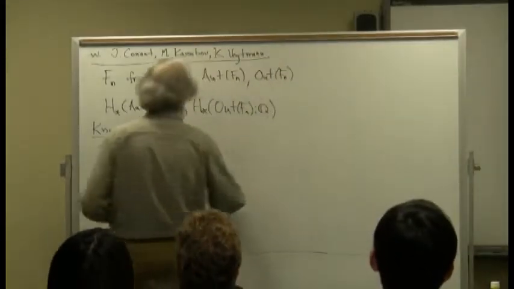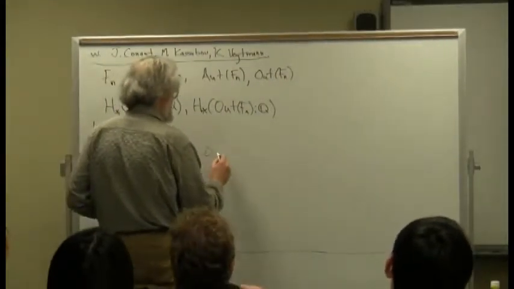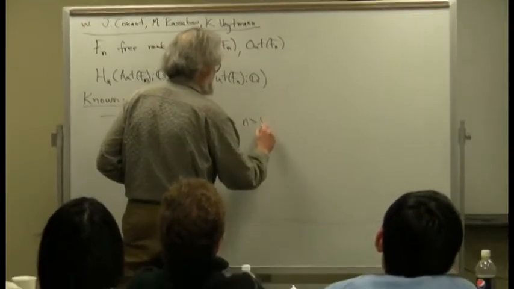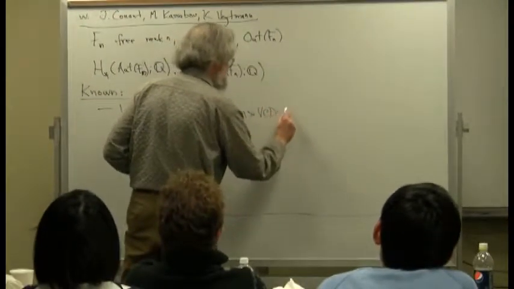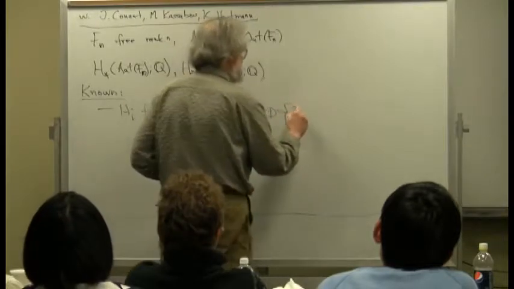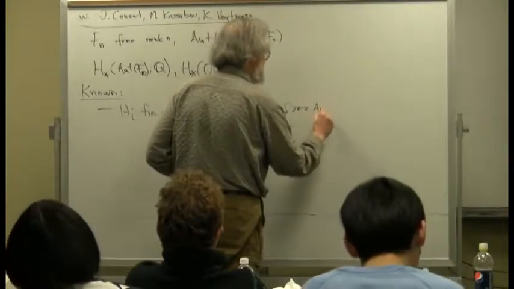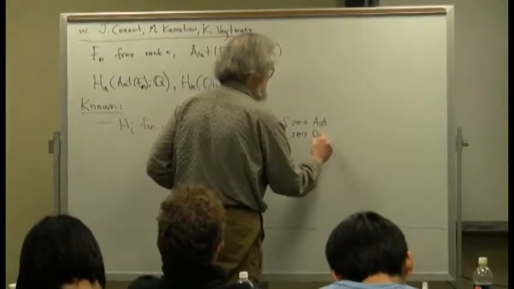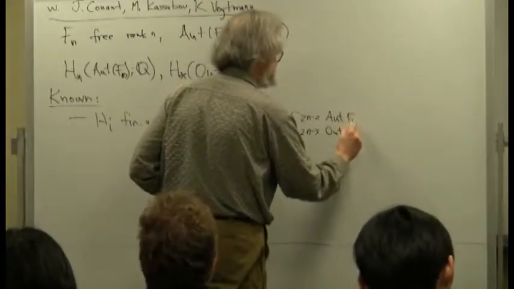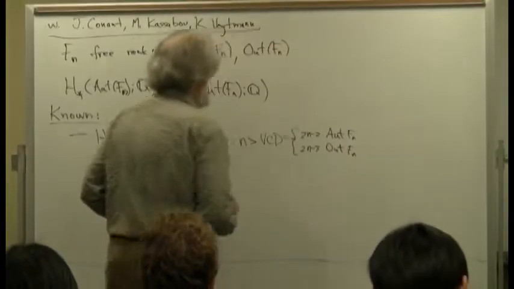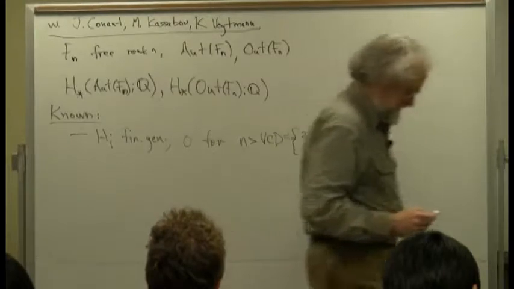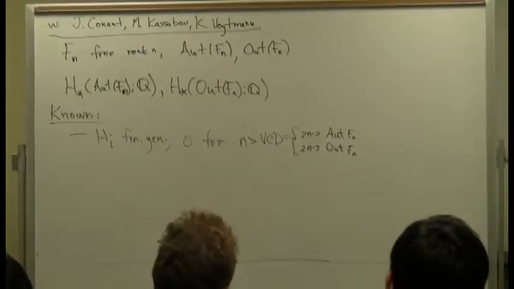Finitely generated, and 0 for i bigger than the virtual cohomological dimension, which is 2n minus 2 for Aut and 2n minus 3 for Out(Fn). So this goes back to Culler and Vogtmann, their original construction of outer space.